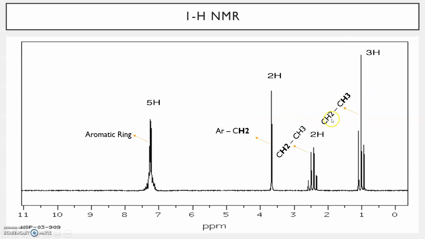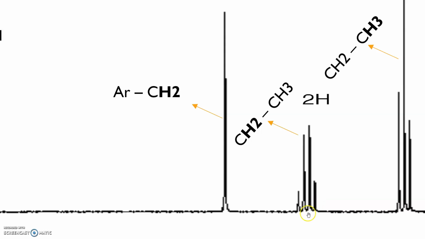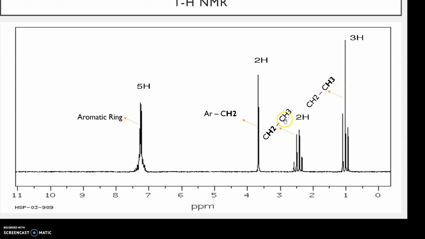So this CH3 is next to a CH2. We also see this integration of 2 with 1, 2, 3, 4 peaks, a quartet. And so that CH2, that n would be a 3. So the neighboring carbon has 3 hydrogens to it. So the CH2 is connected to that CH3.